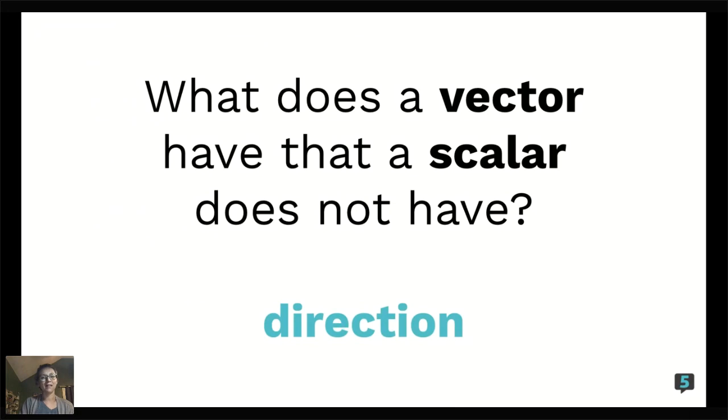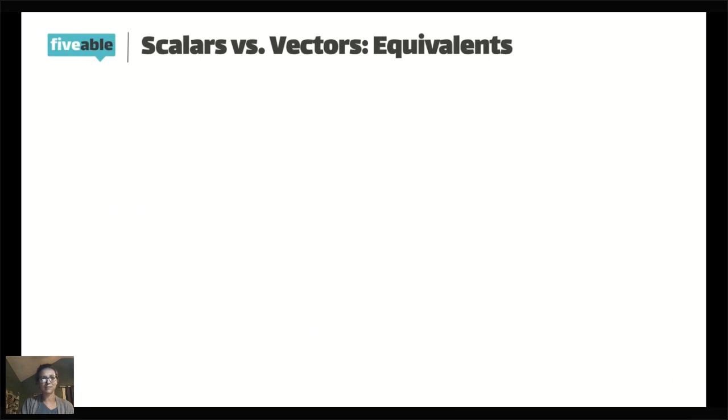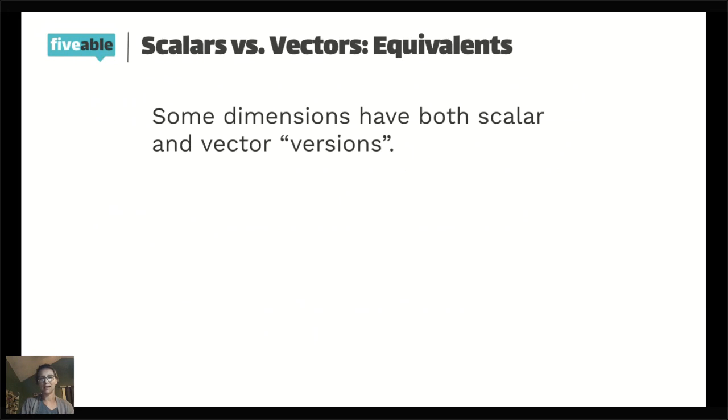So there are a number of quantities that have a scalar and a vector equivalent. And sometimes we might use one as shorthand for the other, but it's important that we know which one we're talking about. So for example, speed would be the scalar version.